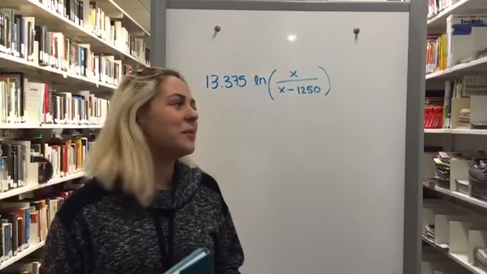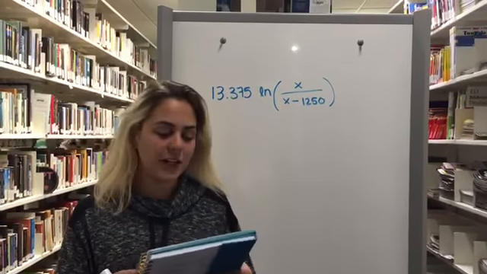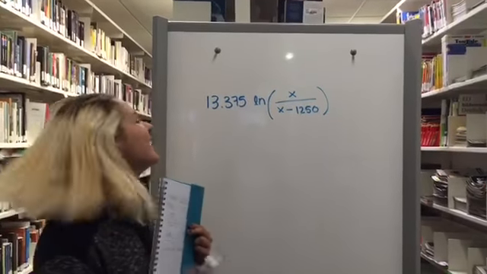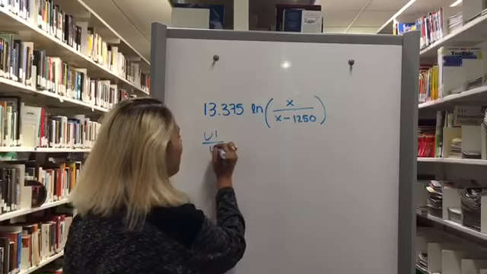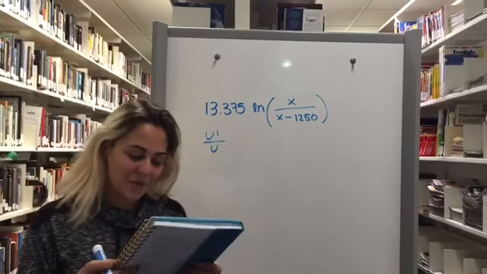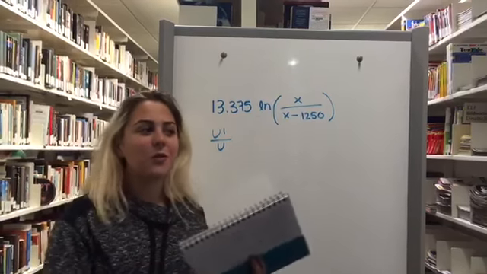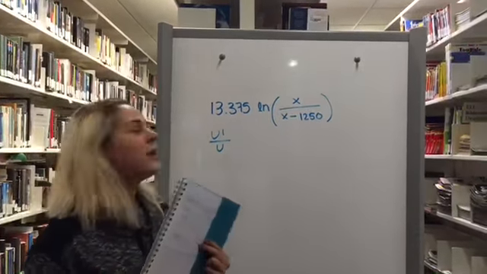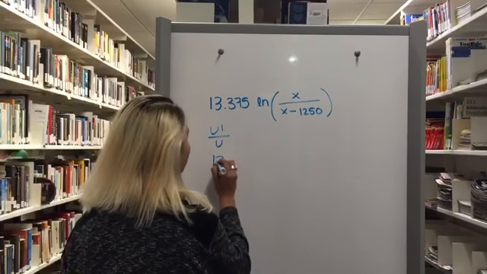Okay, this is a problem letter B, and on this problem we need to find the instantaneous rate. So, first of all, we know that the derivative of ln is u prime over u. So, that means that because we have a fraction, we need to use the quotient formula. So, the first step is to leave your base alone outside the parentheses.